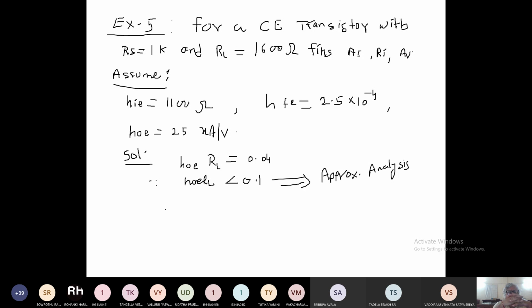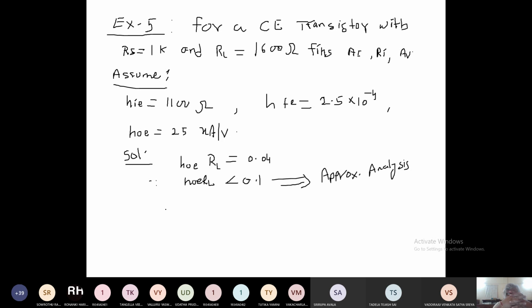Now H parameters are used for the analysis of your transistors, BJT. Now we will go with the modeling of JFET. So what is the full form of JFET?